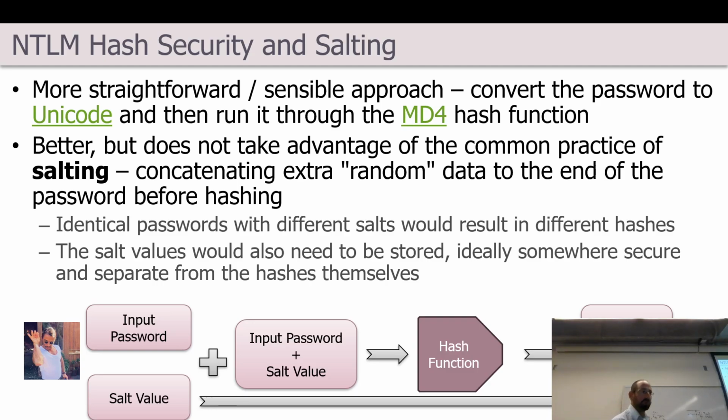You type in your password, 12345, it applies MD4 hash to it. What gets stored on that particular system that is calculating and storing that hash would be the same exact hash value that would get stored on any other system for which anyone used the password 12345.